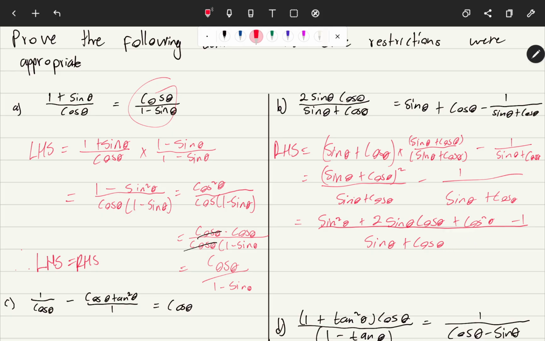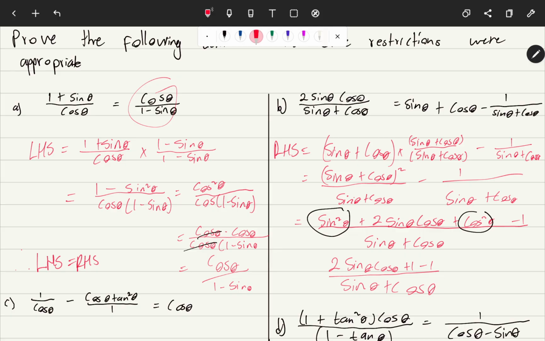Okay, cool. I'm going to take sin²θ and cos²θ added together, they give us 1. So that means we're going to have 2 sin θ cos θ plus 1 minus 1 over sin θ plus cos θ, right?